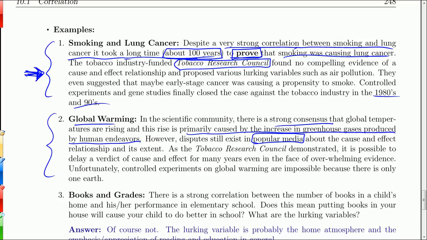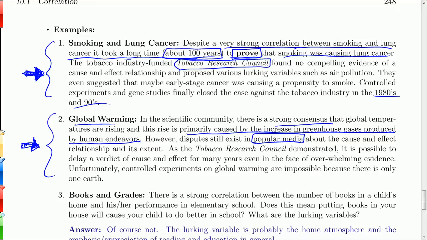And the difference between smoking and cancer and our global warming situation is that at least with smoking and cancer, there were thousands of cases to check and do controlled studies and experiments. Whereas with global warming, of course, there's only one Earth, so we don't have that data.